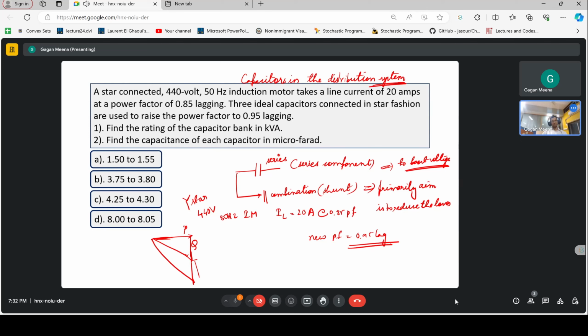So the initial one was equal to this, and we want this.